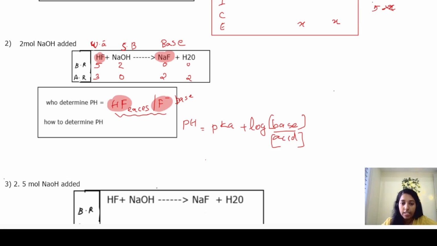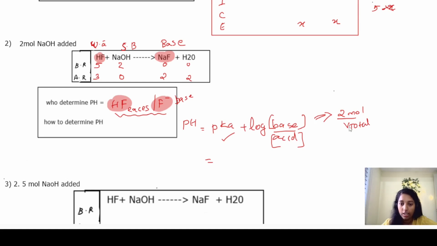So for HF you can take the Ka value; they will give the Ka value. You take the negative logarithm of Ka, that will give the pKa. And then log of base concentration. What is the base concentration? F minus, so it is 2. Actually, 2 is the number of moles, right? It is 2 over V total, since you already added some NaOH.